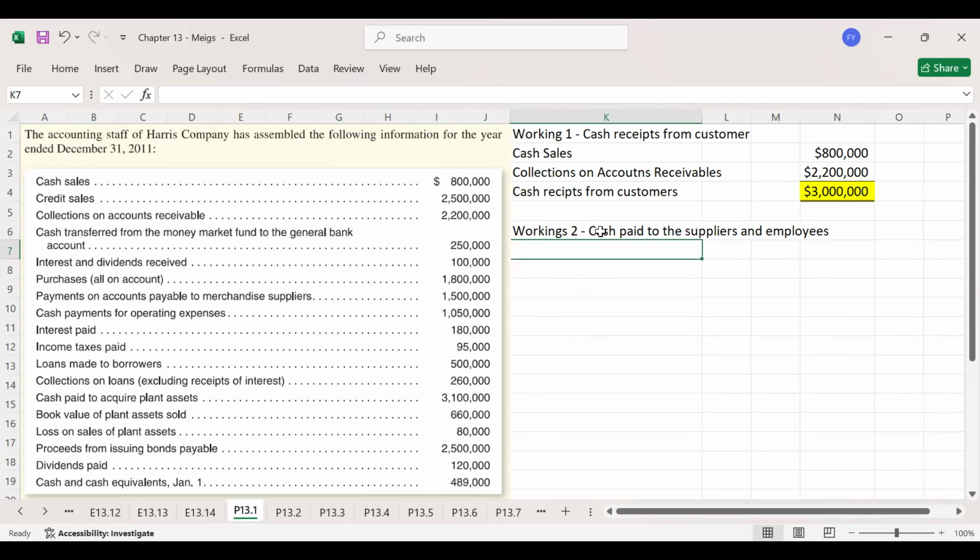This represents cash outflows, as the word paid is here. So for cash outflows, this is the cash paid to the suppliers. First of all, we need to find out payment to the suppliers. And here you can see payments on accounts payable to merchandise suppliers, 1.5 million. So we will add this.